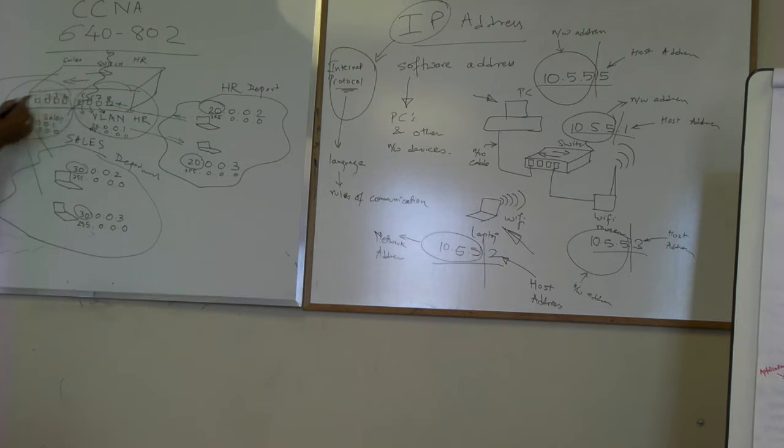Any port, doesn't matter, but that port has to be a trunk port. Suppose it's going to port number 9. That port has to be a trunk port, and it should allow traffic of VLAN HR and VLAN sales. Both the traffics should flow on this.